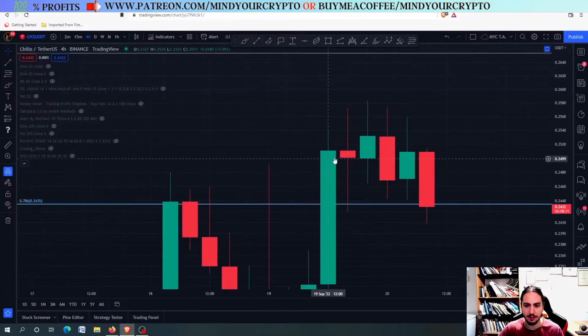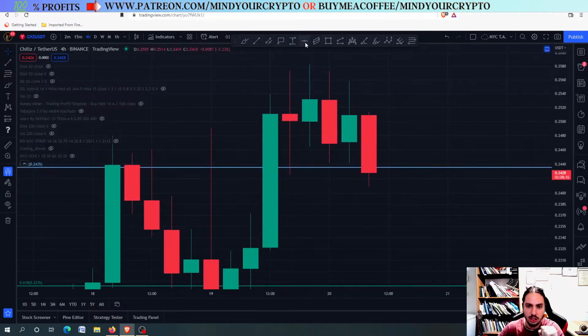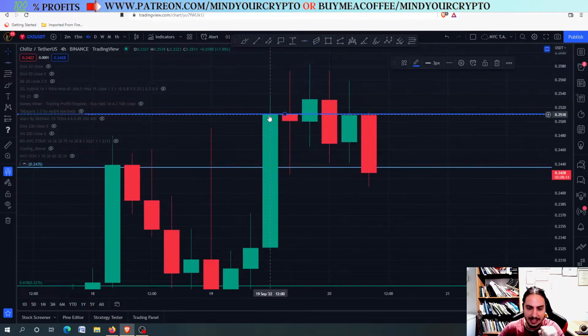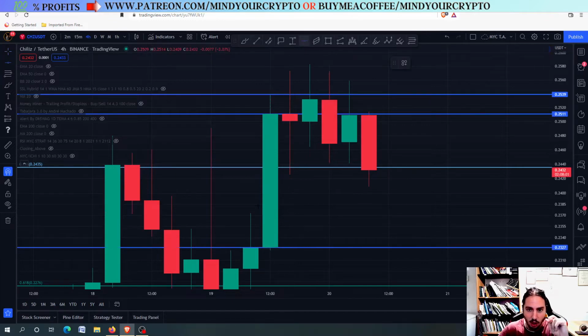If you go in TradingView and move your cursor onto a candlestick, you will see at the top left of your screen an O, an H, an L, and a C. The O is the open, the H is the high, the L is the low, and the C is the close. The close in the green candlestick is always this line, the top of the body, and not this. The high of a candlestick is that. The open of a green candlestick is this one, and the low is this one right here.